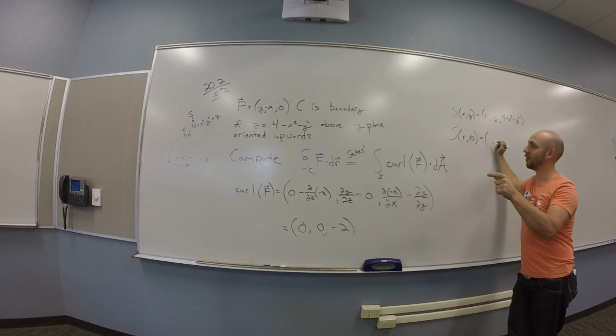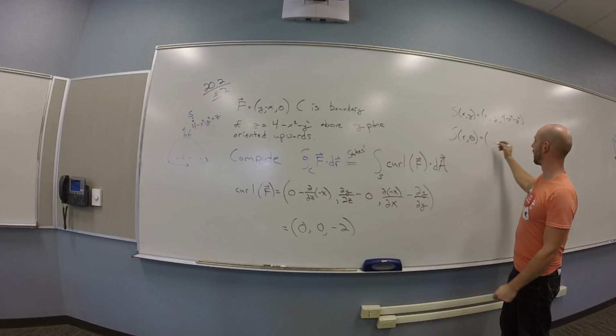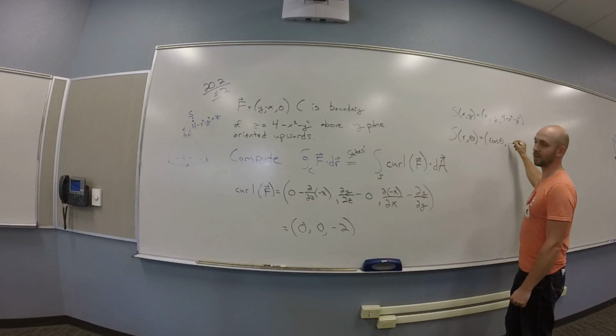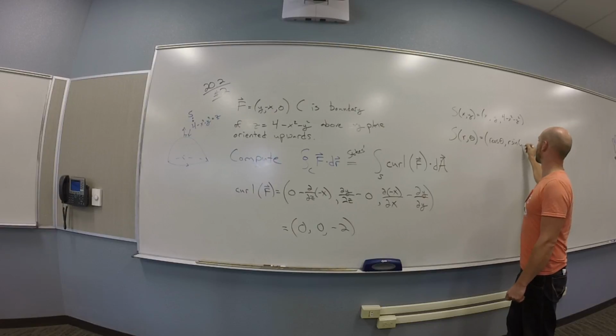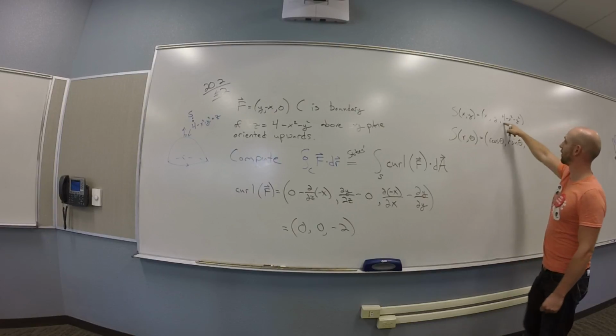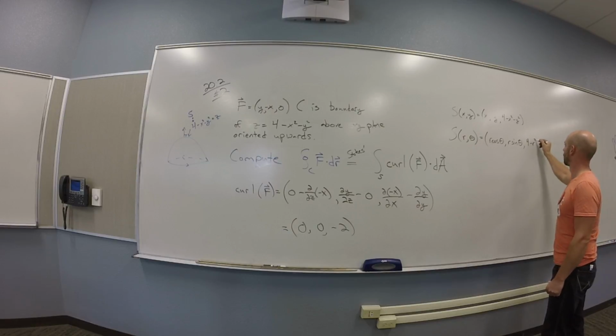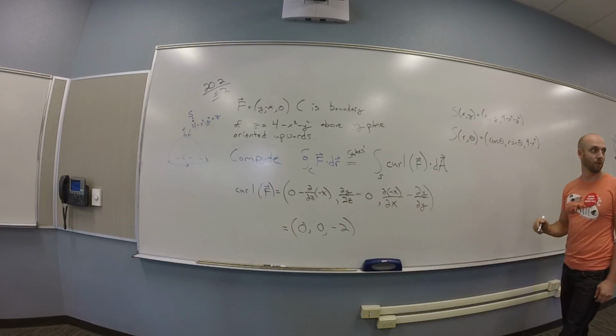So your x is the usual r cosine theta, and the usual y, which is r sine theta. And then what's special about your z here? 4 minus r squared. You guys cool with that?